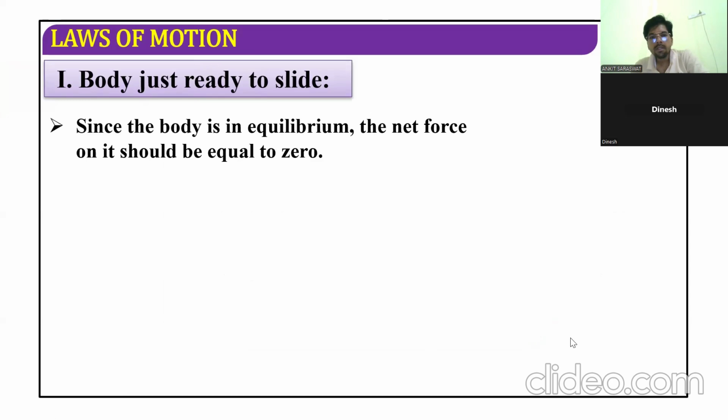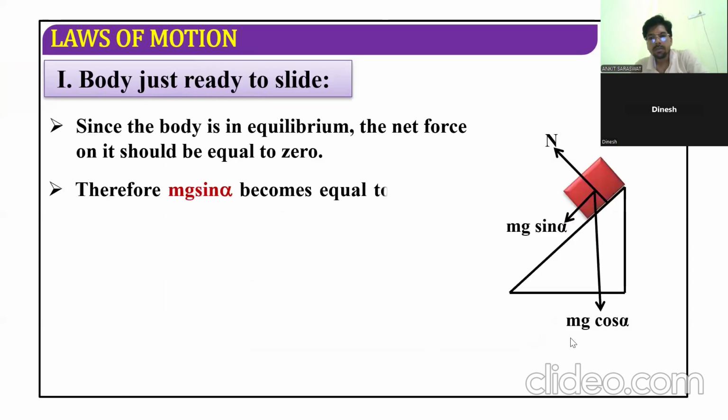Since the body is in equilibrium, the net force on it should be equal to 0. Therefore, mg sin alpha becomes equal to the limiting force. That's what I'm telling. The just-begin-to-slide condition is that limiting friction must be equal to applied force.